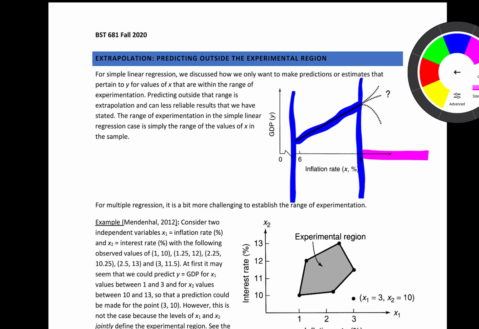So we have no idea if this line keeps on going straight or if it verges up or verges down. So we always want to be very careful not to extrapolate, and we really just want to rely on our observed data to predict what is happening. Now in the future, if you learn about time series, you'll see that that is a little bit of a different case because in time series we often have to extrapolate.